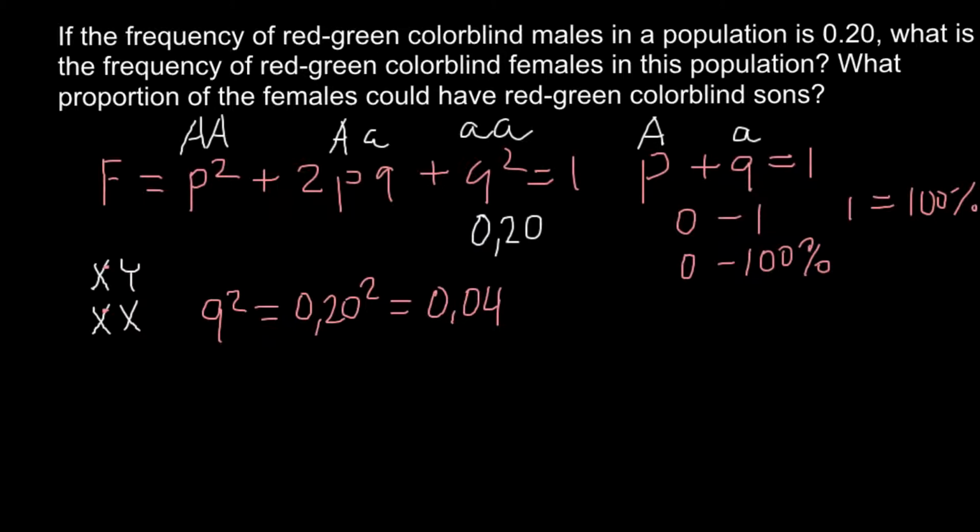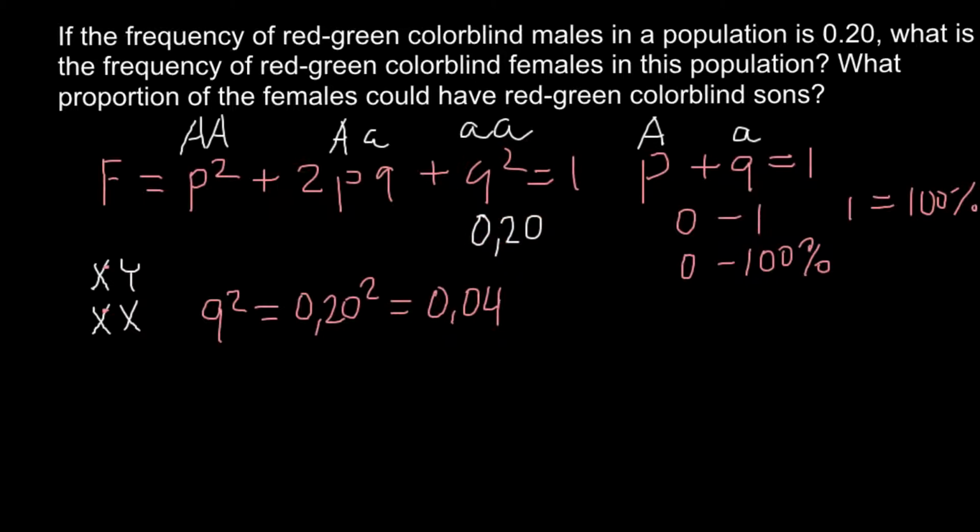So we also can find the heterozygous females for this genetic disorder. As long as we know the number Q, and this is going to be the number Q, not Q squared, because here Q would equal Q squared in males, but not in females.